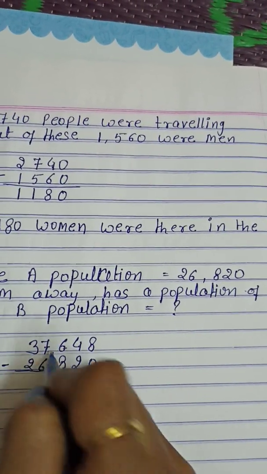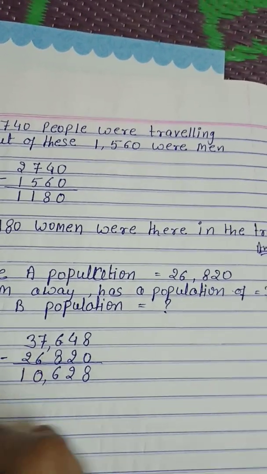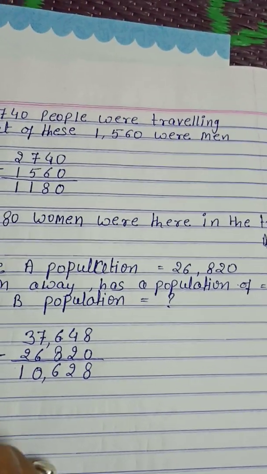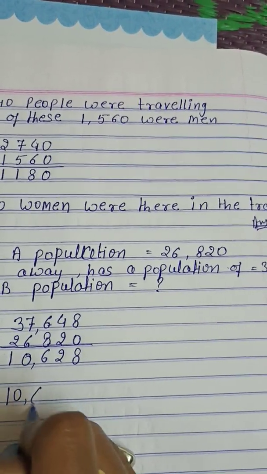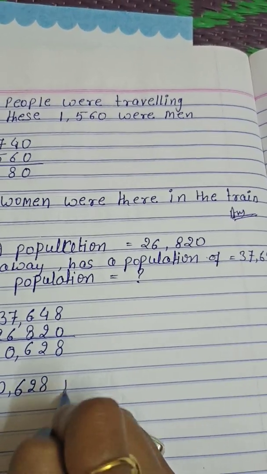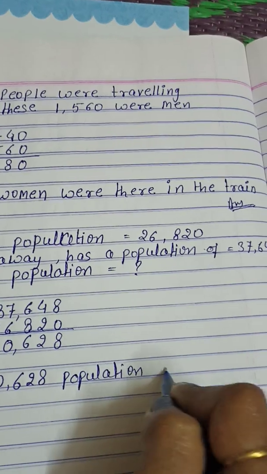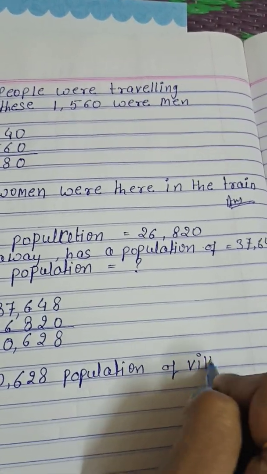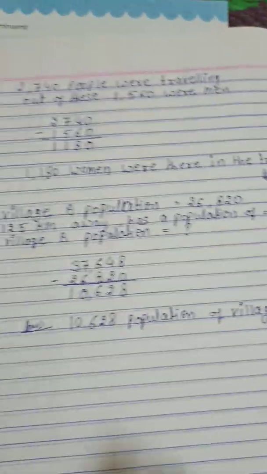Now here we have 6 and here 6. 0 and 1. So this is our answer. What do we get? 10,628, population of village B. Okay.